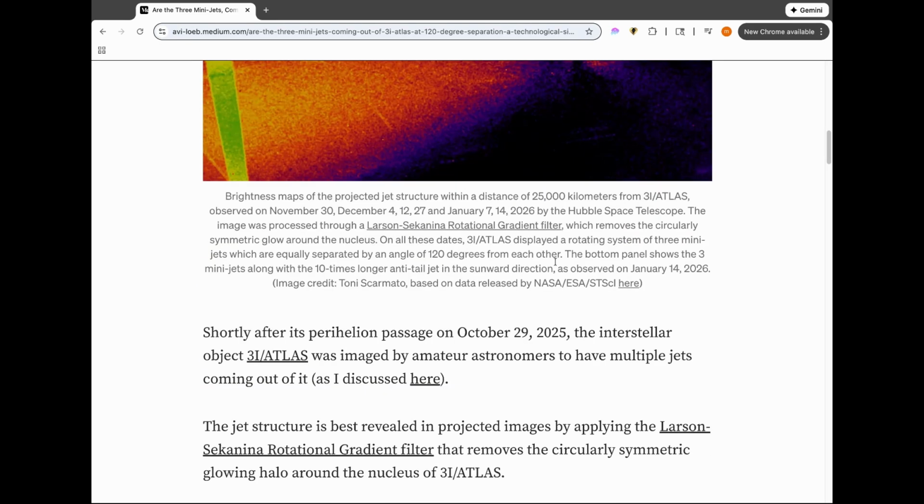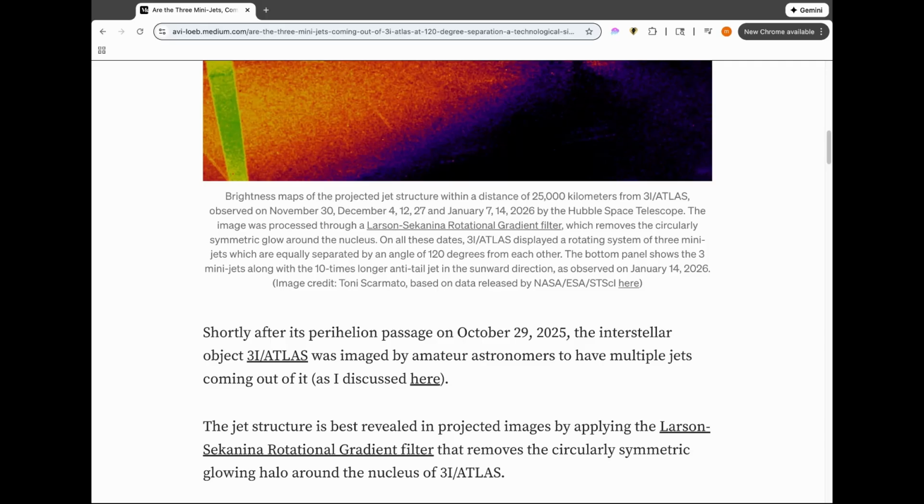I want to point out in here, let's see. I'll just read a little bit of this. On all these dates, 3i Atlas displayed a rotating system of 3 mini jets, which are equally separated by an angle of 120 degrees from each other. I mean, symmetry is everywhere in nature. We see it in living things like us, animals, insects.